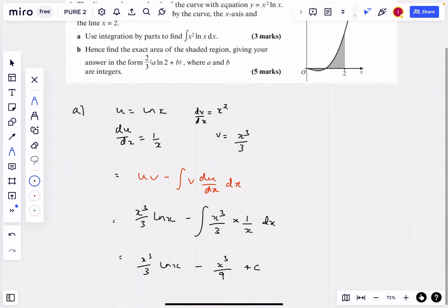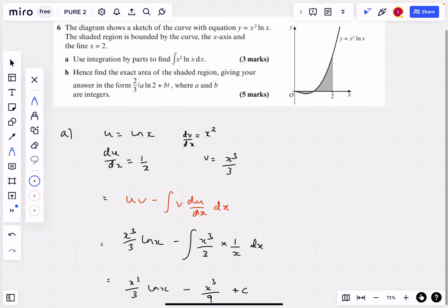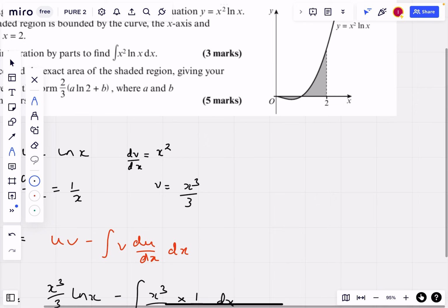Part B. Hence find the exact area of the shaded region. Okay, your curve is y equals x squared ln x. There is a point here where it crosses the x-axis. So in order to find all the values where it might cross the x-axis, you want to make your function equal to 0, just like when solving quadratics.